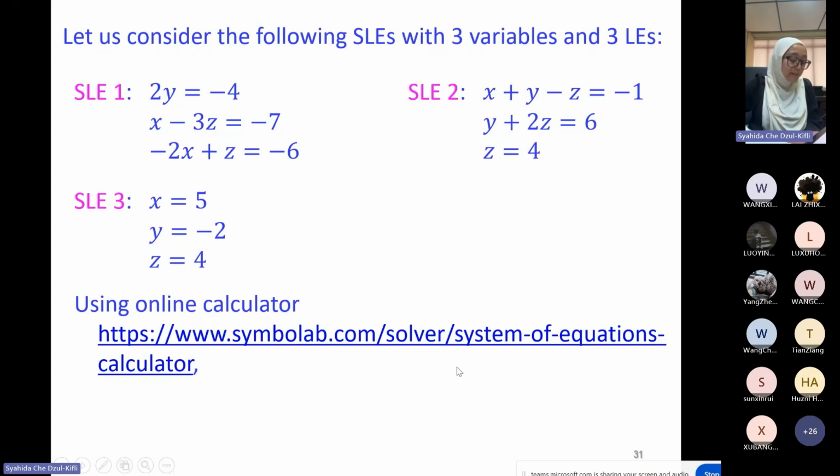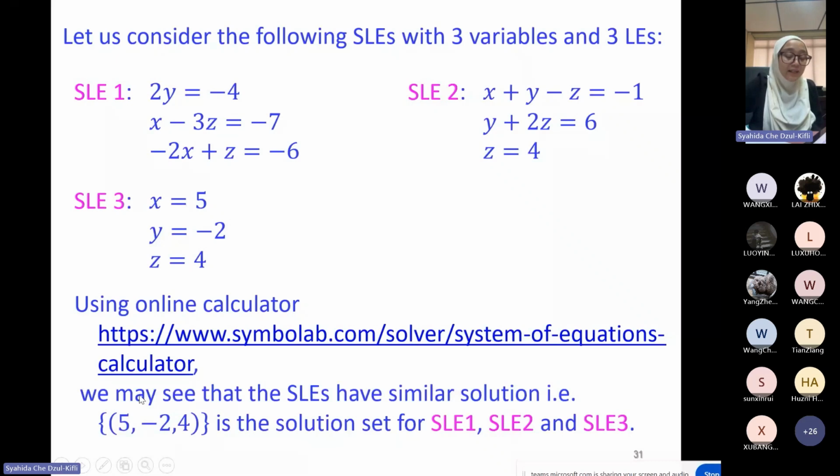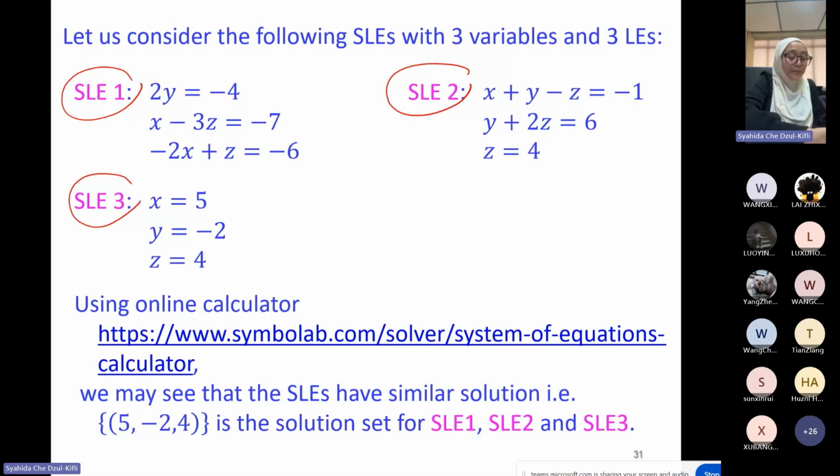But from here, with the help of the online calculator, you may see that the first, the second, and the third systems of linear equations all have a similar solution, where the solution is unique.